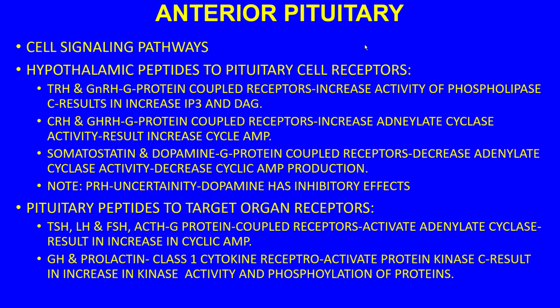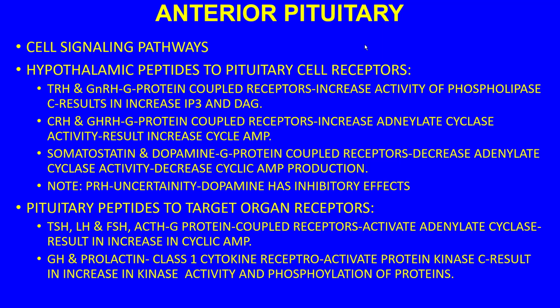CRH and GHRH are also G protein coupled receptors, but they tend to activate or increase adenylate cyclase activity, which is going to result in the increase in cyclic AMP.